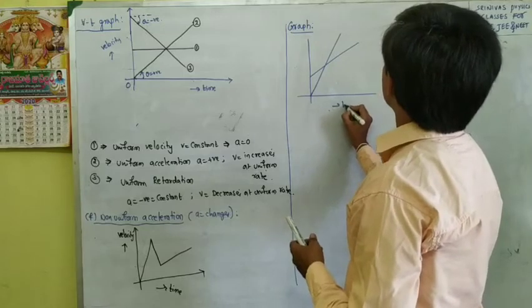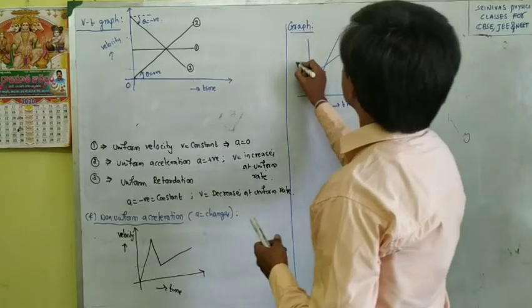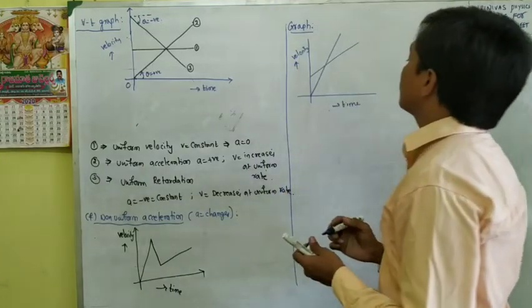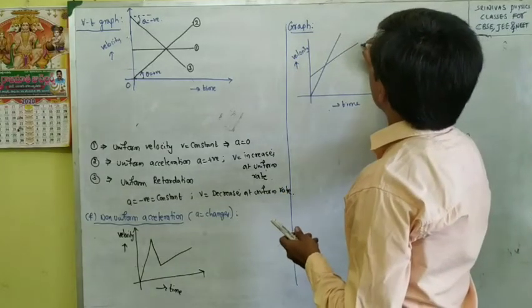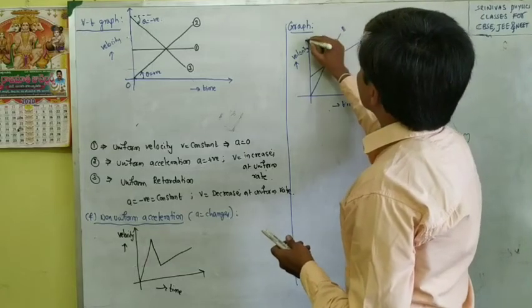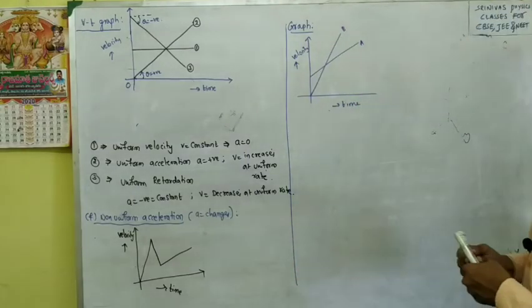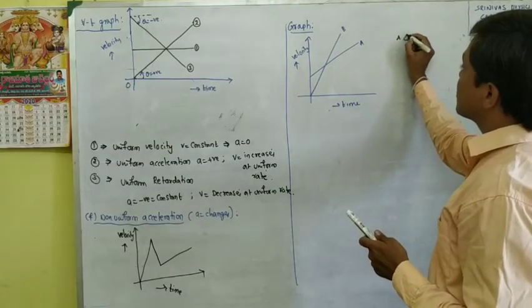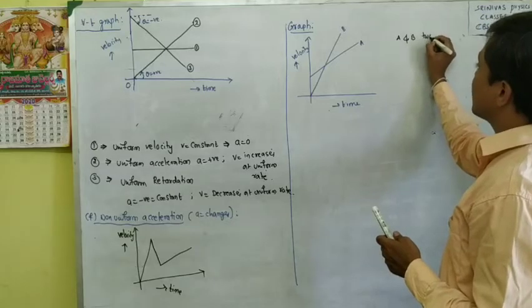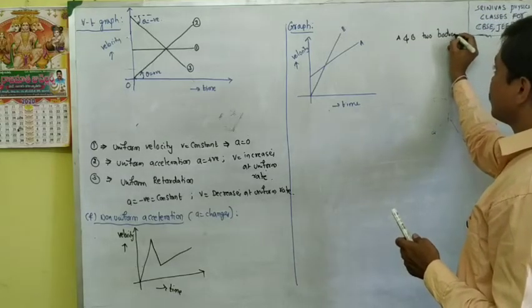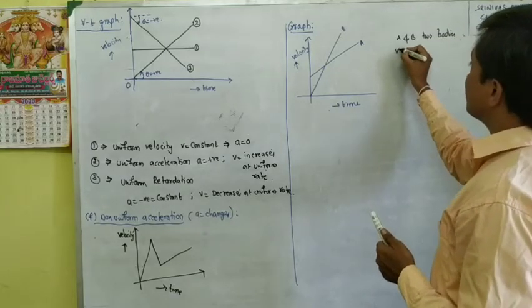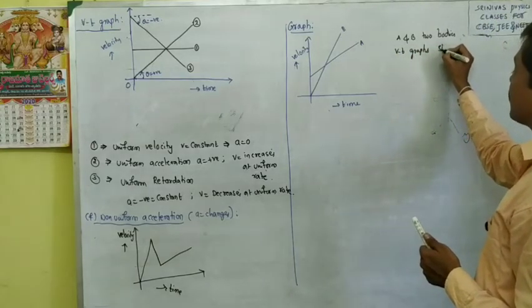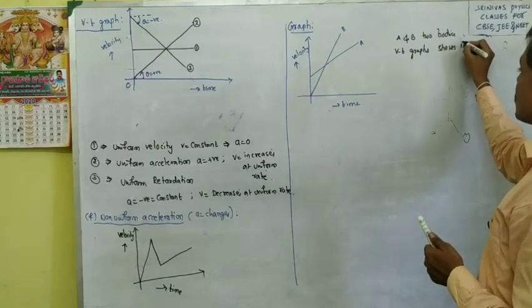This is time and this is velocity. This is for A and this is for B. There are two bodies moving, A and B. The VT graphs are shown in the figure.